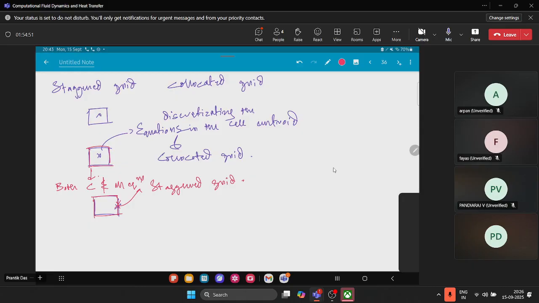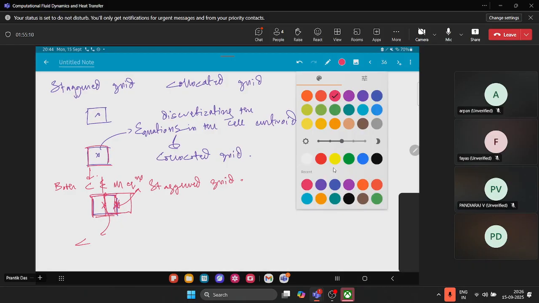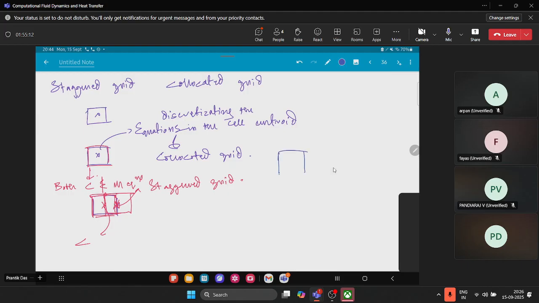But if I'm solving the continuity equation in this cell centroid and the momentum equation in this other cell centroid, which is staggered, shifted to the left of the previous one, then it is called a staggered grid. My original cell looks like this, my shifted cell looks like this.